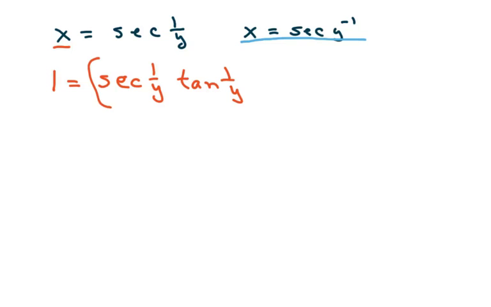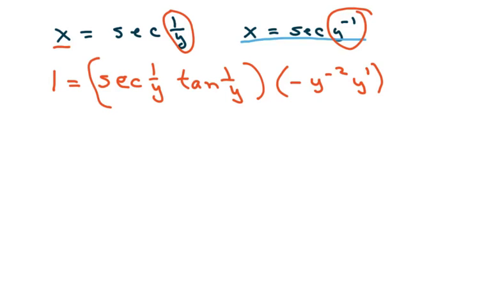And then we have to take the derivative of this piece. In this case, I'm going to do it this way. And that's going to be negative y to the negative 2 times y prime, the derivative of y. Alright, so simplifying this, we get 1 equals, sorry, because it's equals.